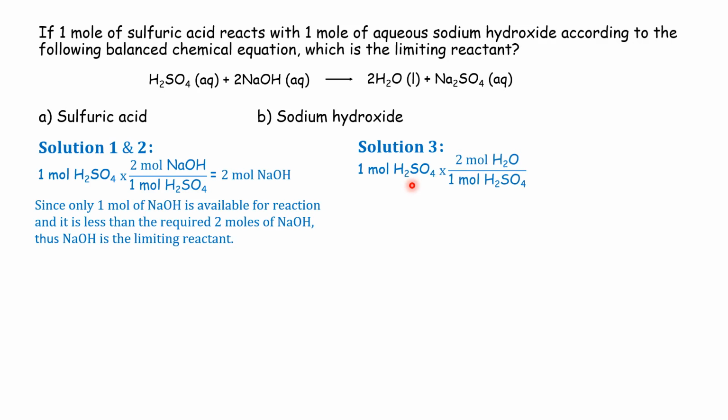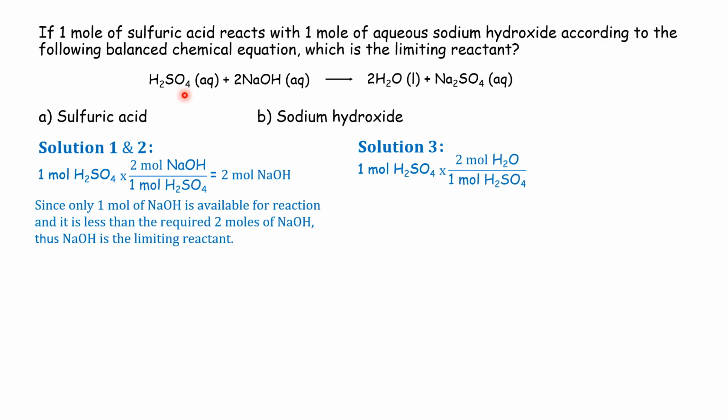So here I would like to convert that to water. So therefore 1 mole of sulfuric acid converts to 2 moles of water using the coefficients in the balanced equation. The coefficient for sulfuric acid is 1, and that's why I have 1 here. And then for water, that's 2. So therefore, this gives 2 moles of water.